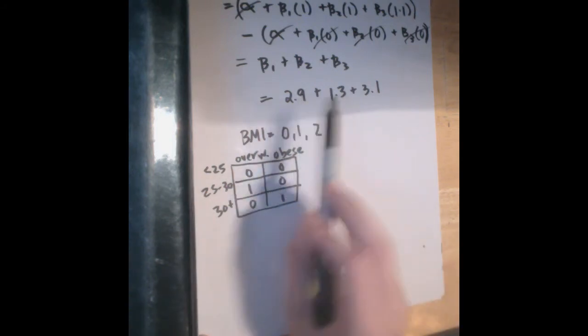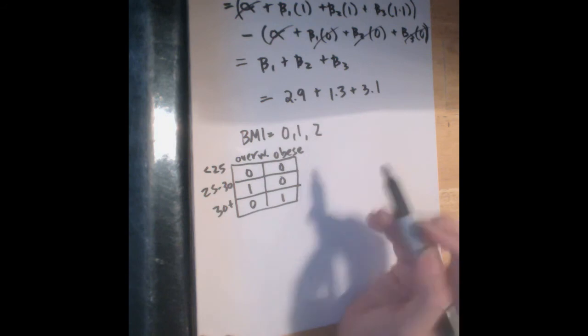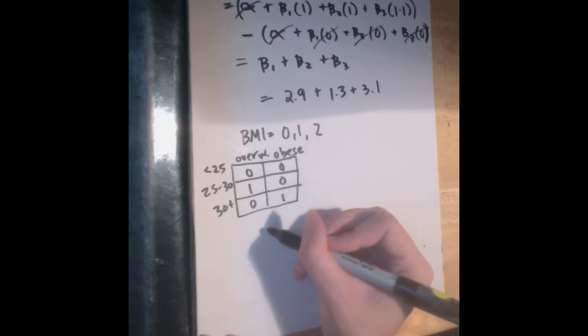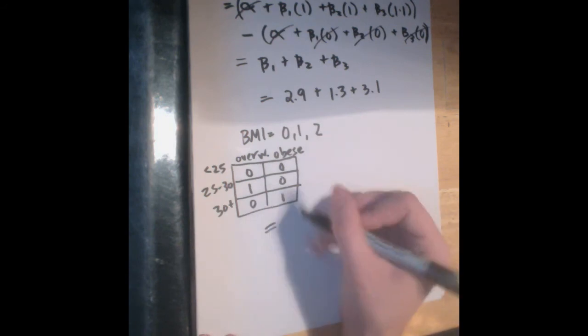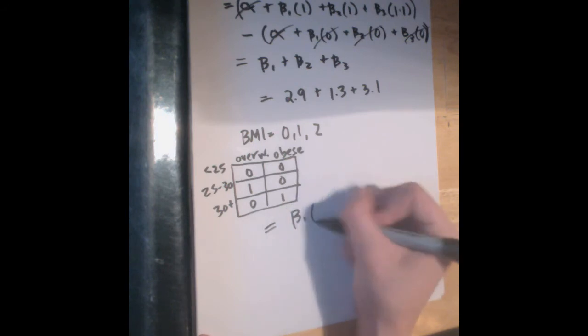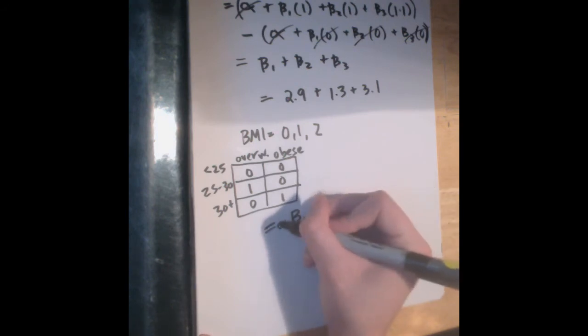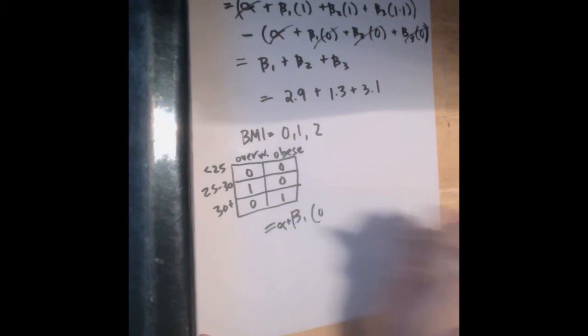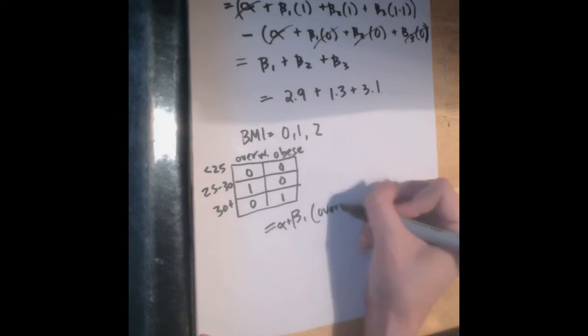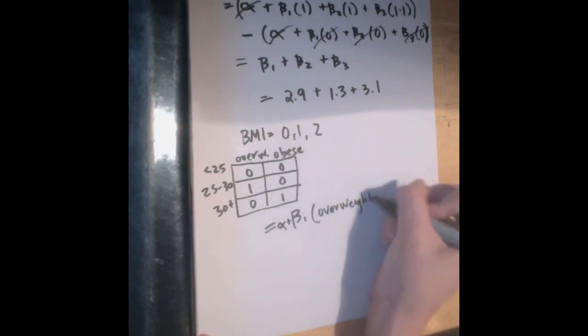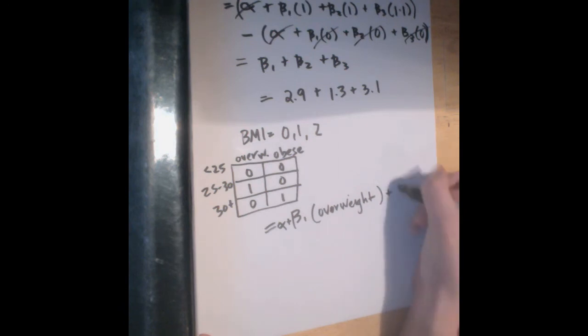And then you can start plugging these in to compare: alpha plus beta 1 times overweight, plus beta 2 times obese.